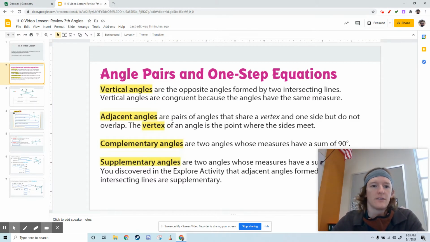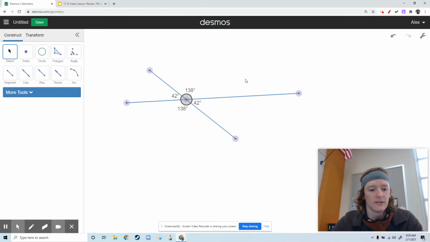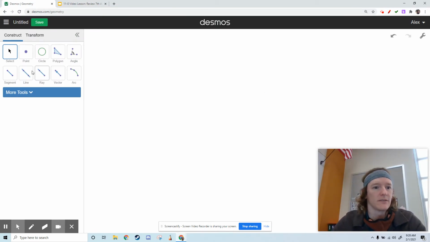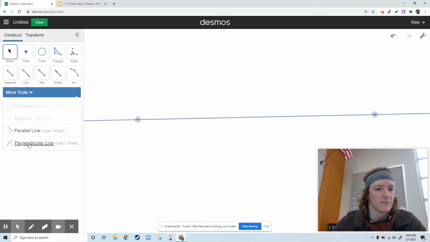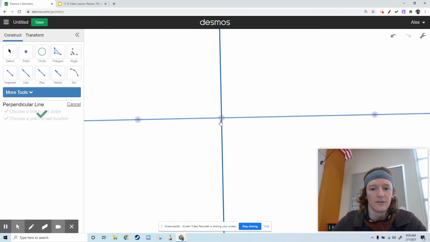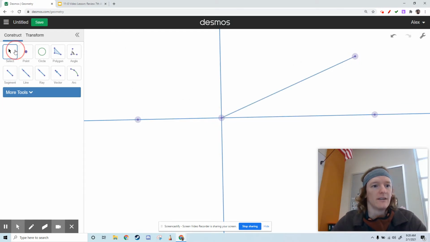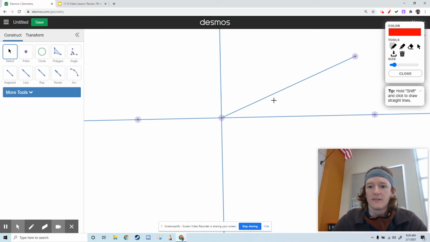Complementary angles are the next angle pair we're going to do. So I'm going to get rid of these really quickly. I'll draw a line, and then I'm going to use my perpendicular line tool and draw a perpendicular line and then put another angle off here. Perpendicular means there's a right angle, okay?